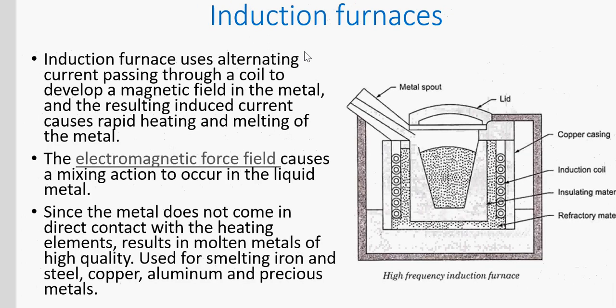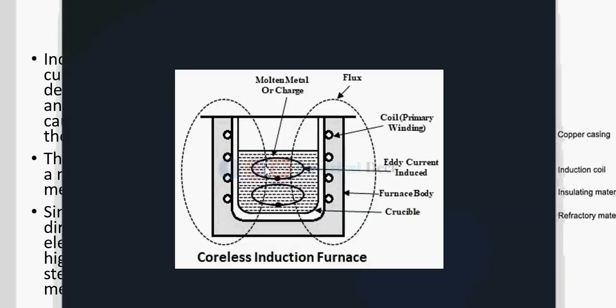We also have induction furnaces. This can be used for ferrous as well as non-ferrous metal. So this is general. It uses electromagnetic force where there is mixing. Let's look at it here. This is basically here the molten metal.